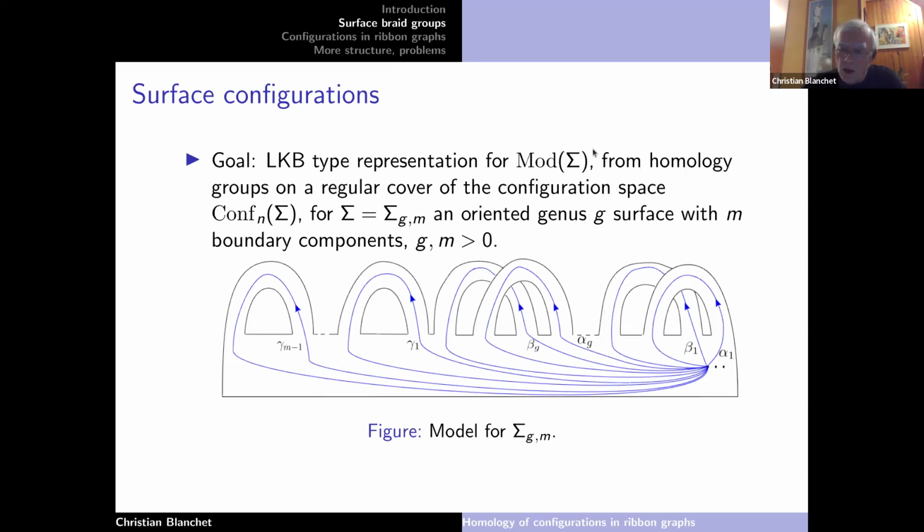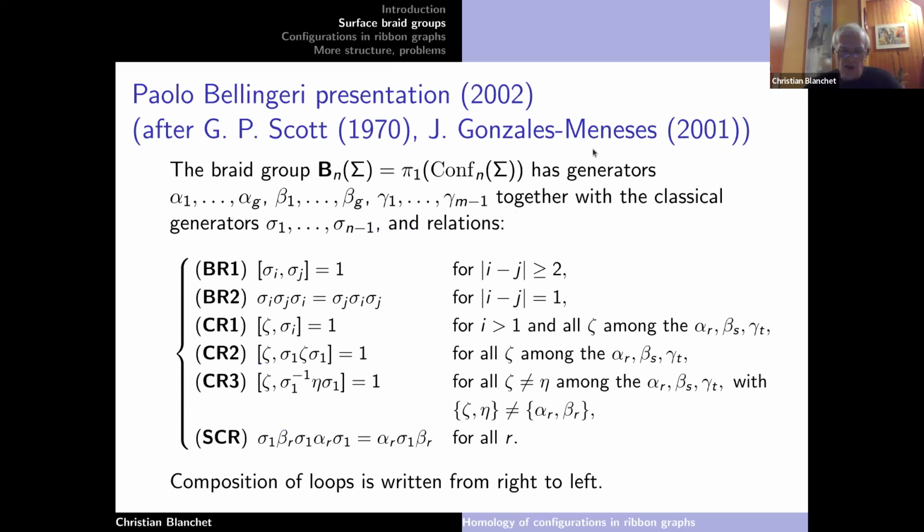So now the presentation for this braid group is less known than the classical one, but there is a very nice presentation worked out by Paolo Bellingeri. I should say the first presentation was by G.P. Scott, and it was revisited by Juan González-Meneses.